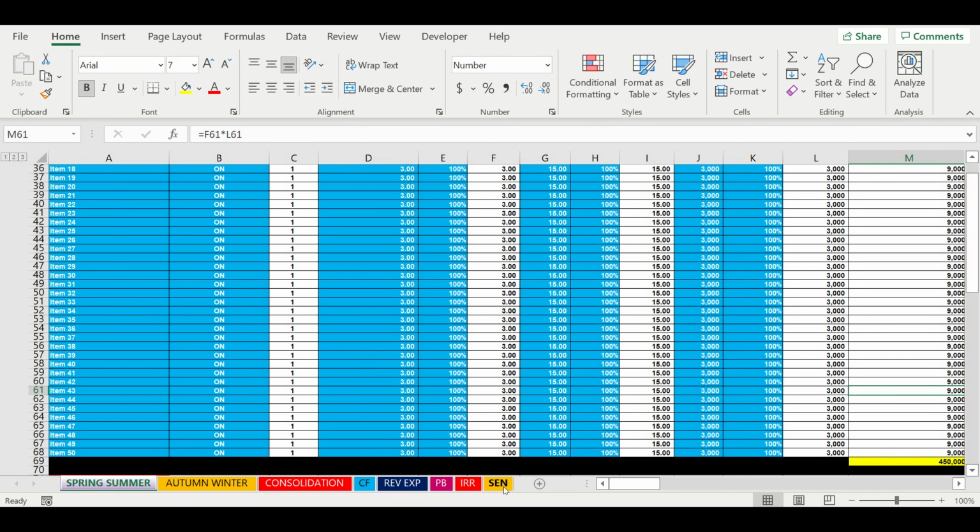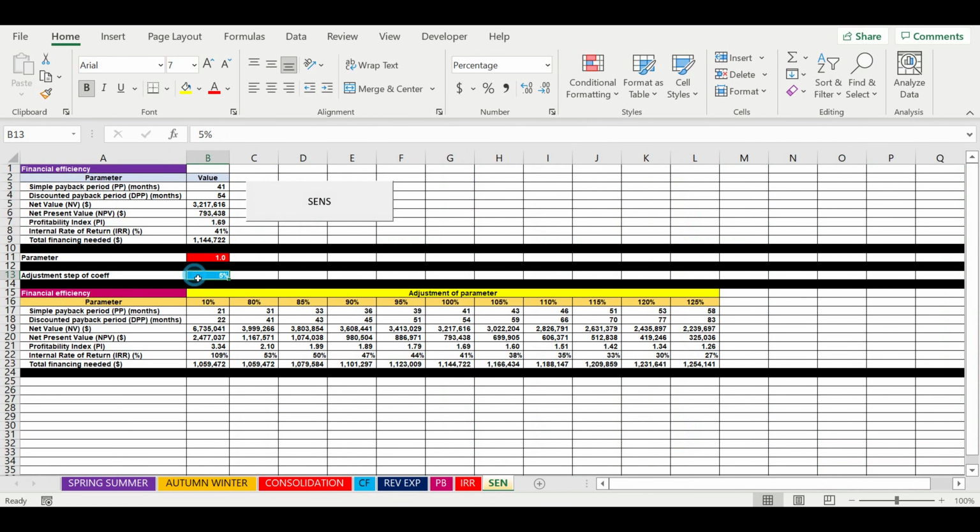So we just go to sensitivity analysis. For example, I would like to see this. We can change the step of adjustment.